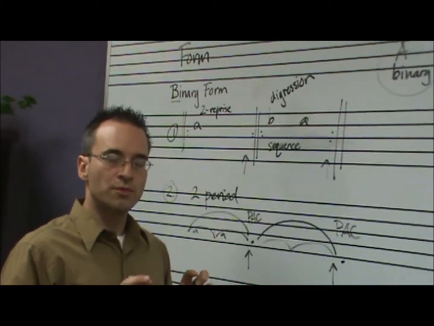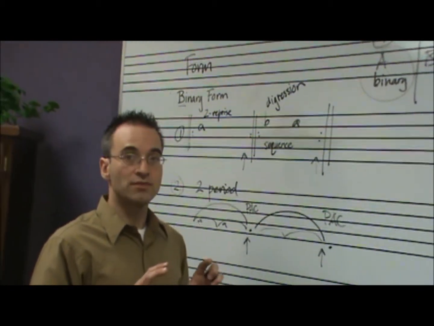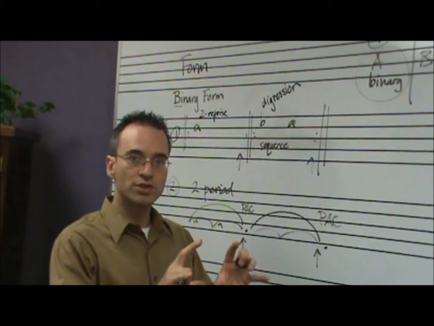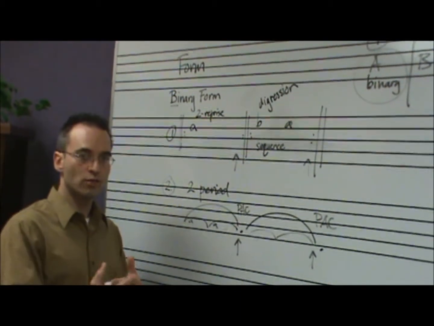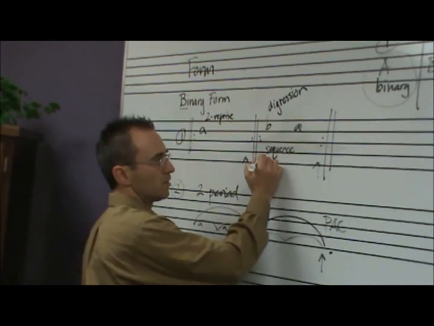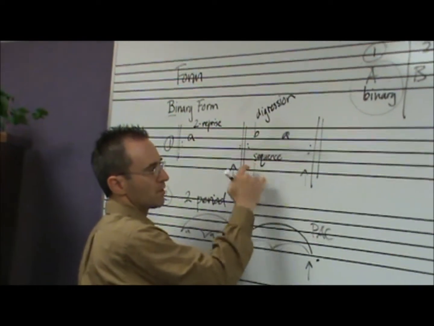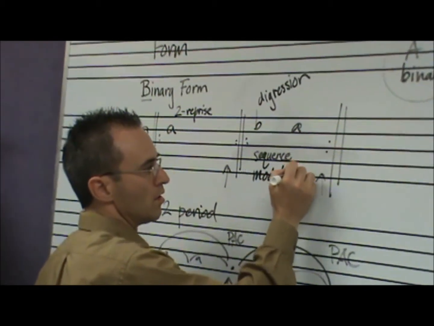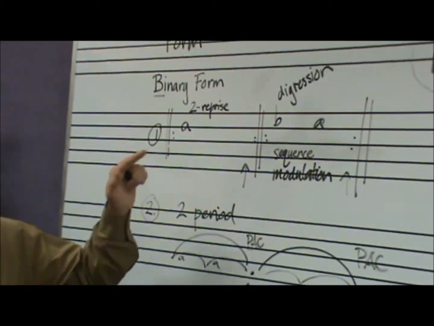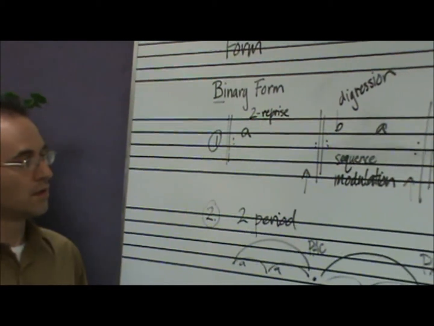You're cutting loose from your moorings, and you're in a sense of process and motion rather than staying inside the orbit of one tonic. So I might as well put a modulation in here. These digressions tend to modulate.